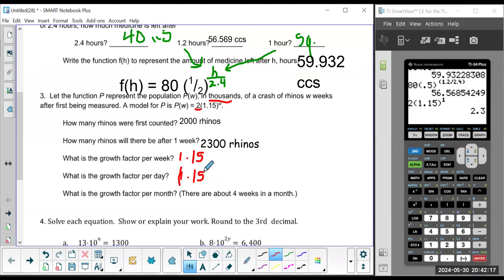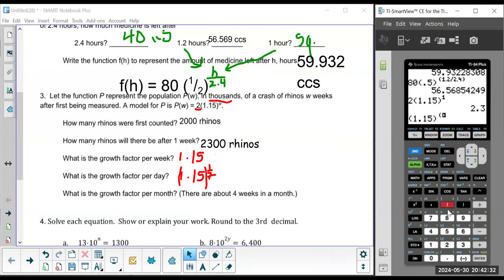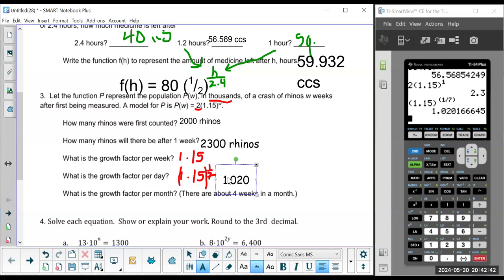Instead of 1 meaning a week, I need 1/7 of that week because there are 7 days in a week. So that's what I would put in my calculator: 1.15 to the 1/7. Just don't forget to put it in parentheses. So 1.020 is my answer for that one.